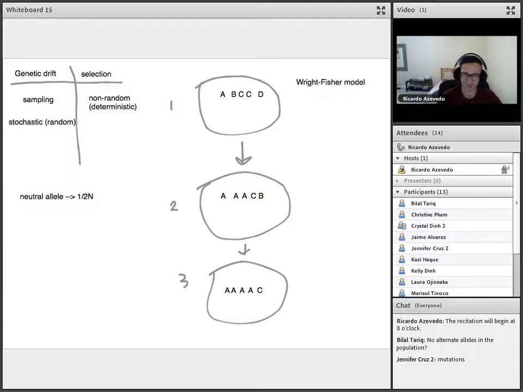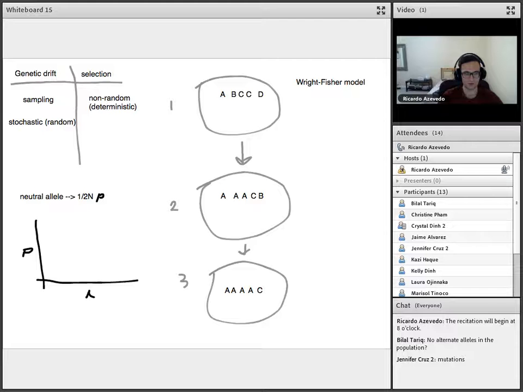The probability of this allele going to fixation, and fixation simply means something like this. If we look at the frequency of the alleles, let's say the frequency of this one is p, over time.